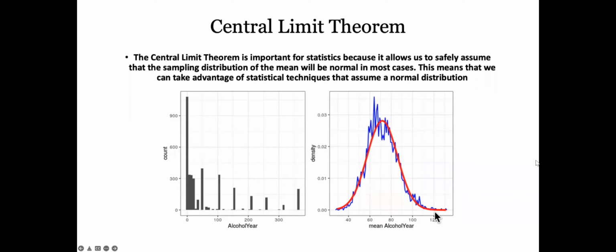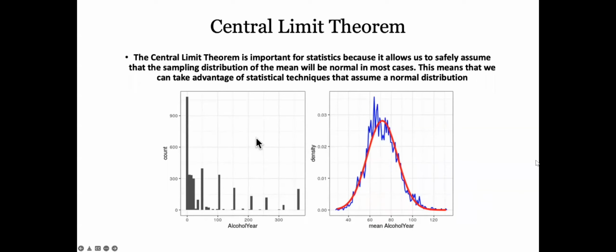In other words, the means of each one of those 50 samples, when plotted on a graph, is going to resemble the normal distribution. The normal distribution that you can see here in red is very close to the blue, which is just my repeated samplings of size 50 from this data.